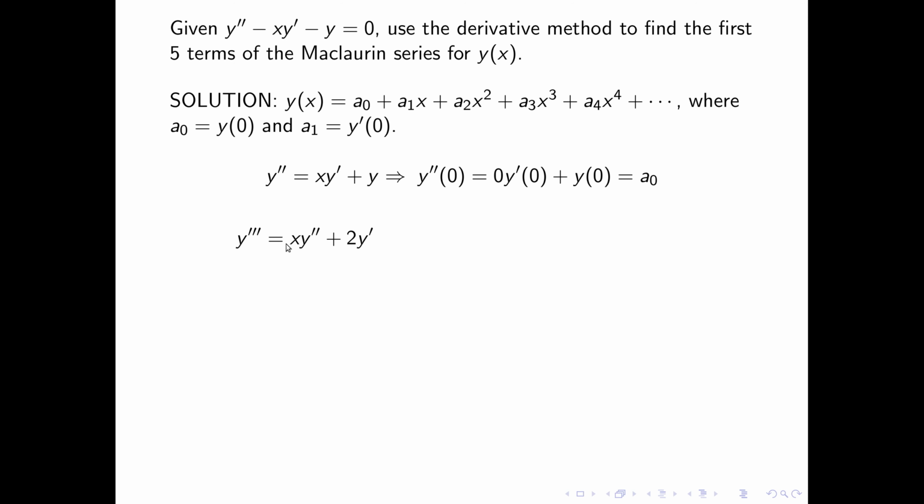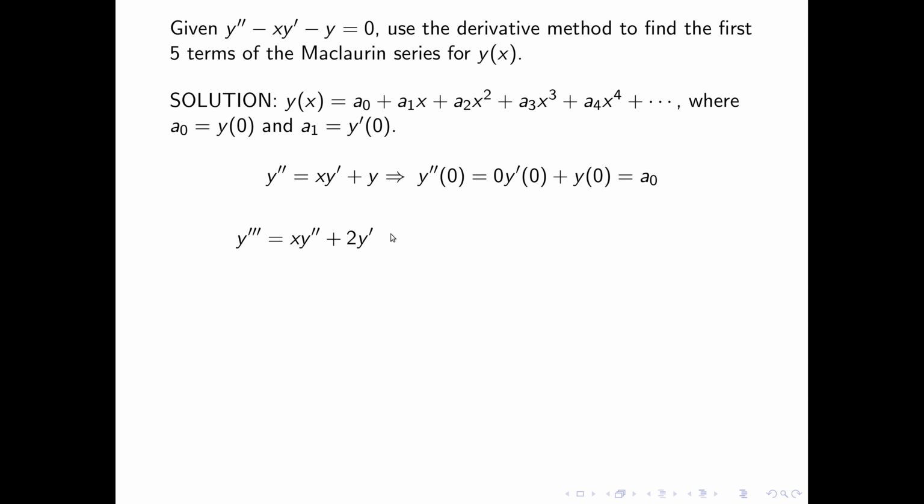So y triple prime is going to be xy double prime plus, and then the derivative of x is 1 times y prime. Then you have another y prime, so if you add those two y primes together, that's how we get the 2y prime. So remember to use the product rule on the xy prime. Again, that was xy double prime plus 1 times y prime, and then the other y prime came from this other term.